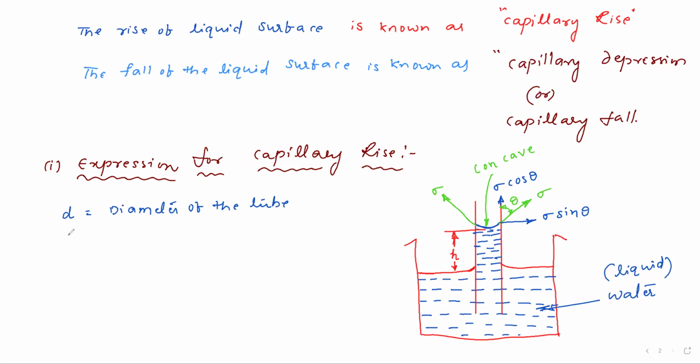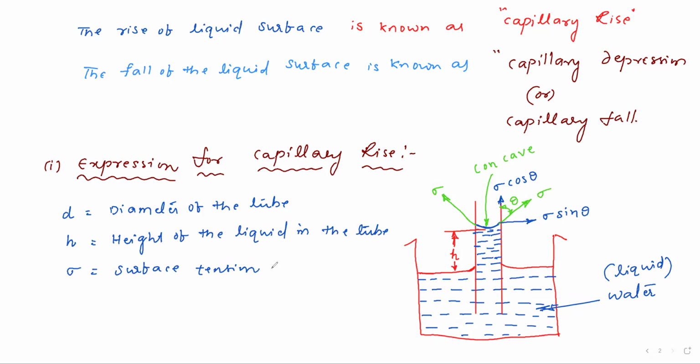Then let me write here, because there I have taken sigma, theta and h, right? So the tube diameter is D, and h means the height of the liquid in the tube, and sigma is the surface tension of the liquid, and what is left?